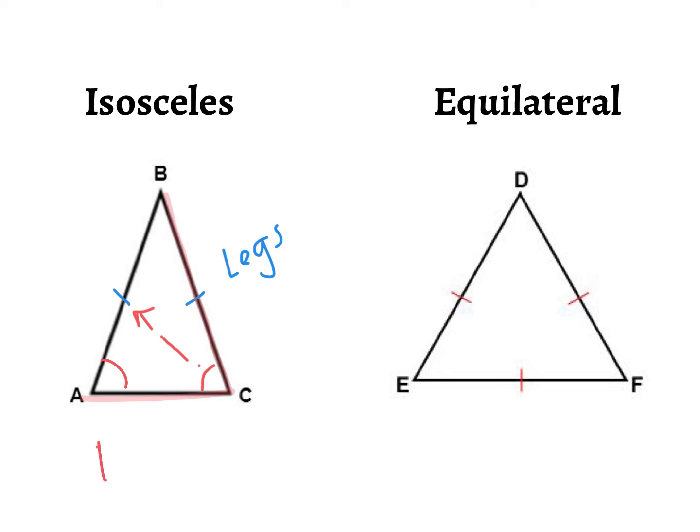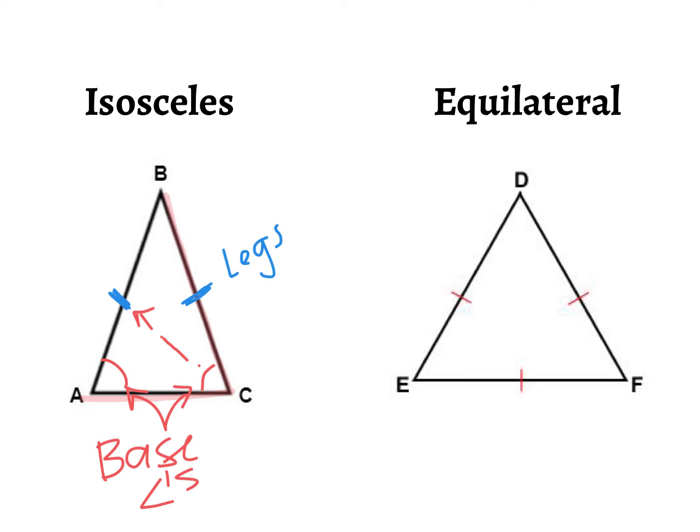So we call these base angles, here and here. So an isosceles triangle has two congruent sides and two congruent angles.